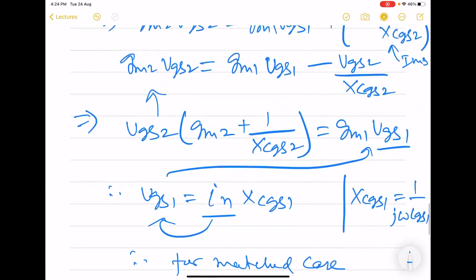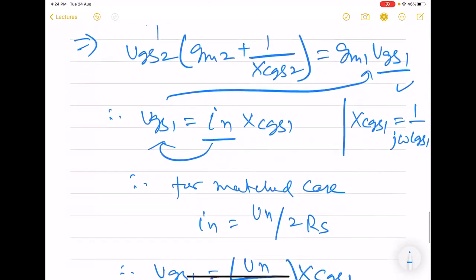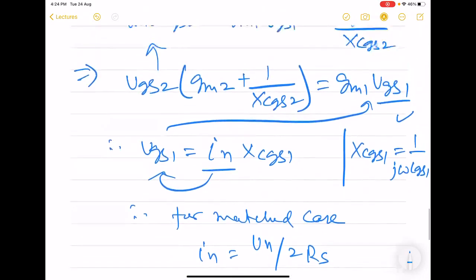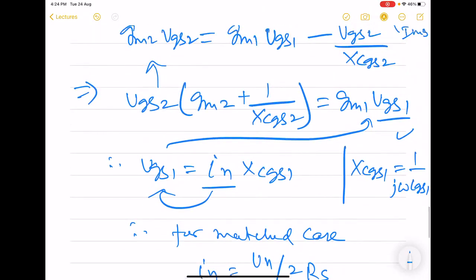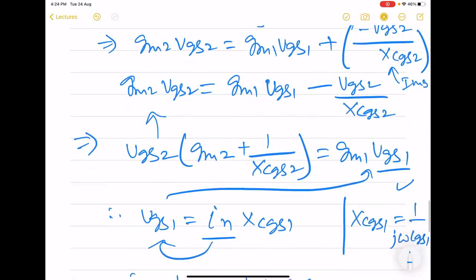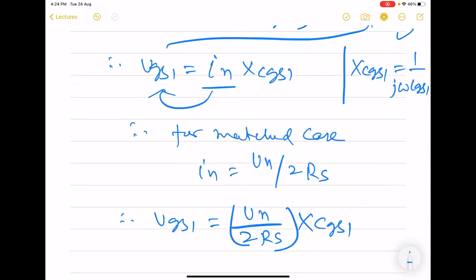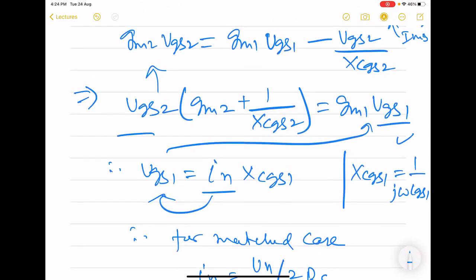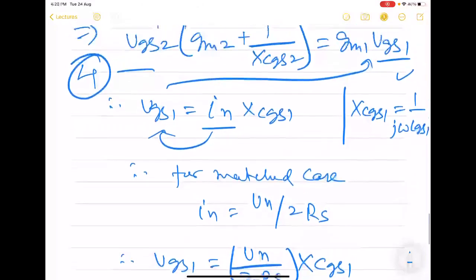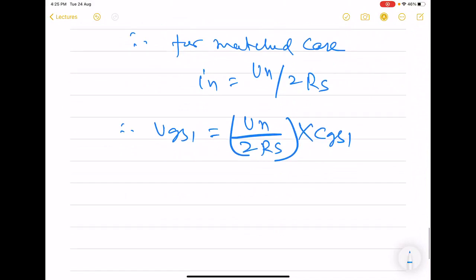Now we substitute VGS1 here to find out VGS2. What we get is, and we can name all these equations. Up to 3 we have already named, so this one is equation 4, and this is 5.